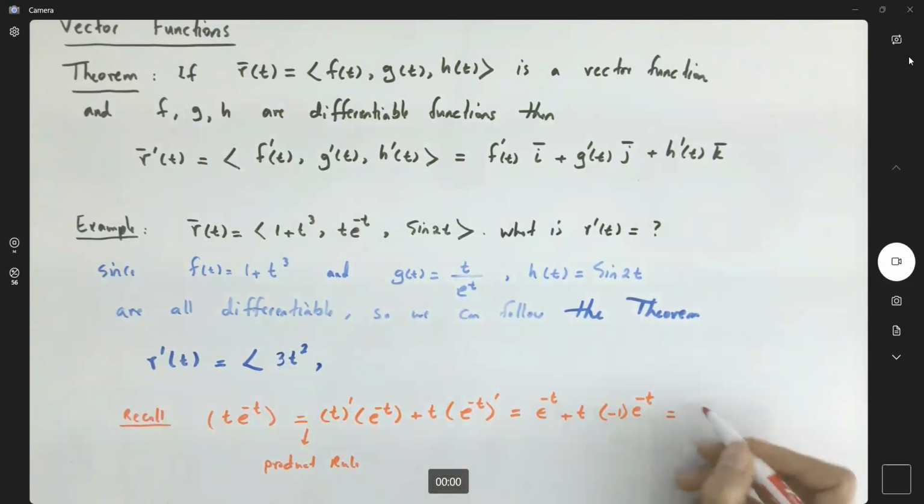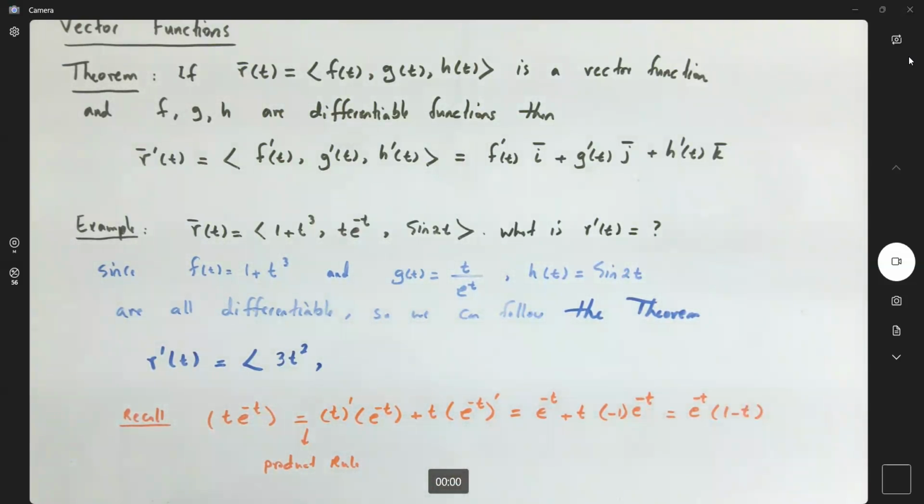You can simplify this and write it as e to the power negative t times 1 minus t. So the second component is nothing but e to the power negative t, parentheses, 1 minus t.